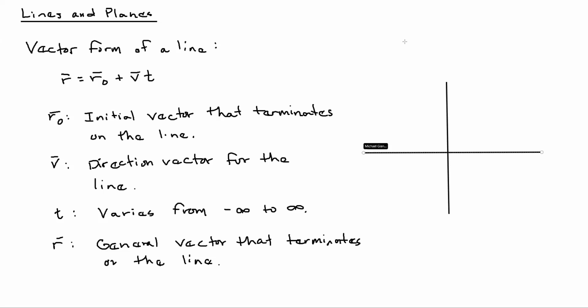Okay, so suppose we have an xy axis. We're going to start off with r naught, this initial vector, and it starts at the origin and terminates on our line. The end of the vector is a point that happens to be on our line, and that's r naught.